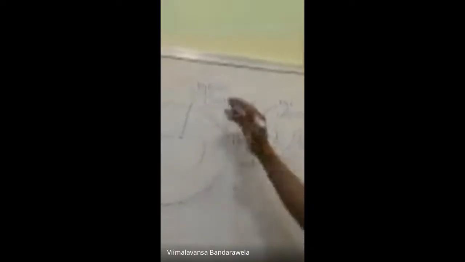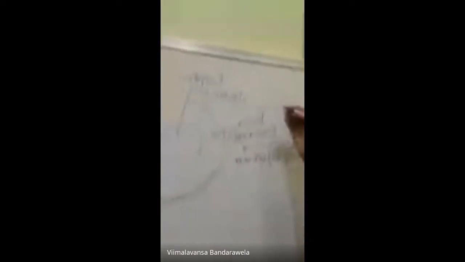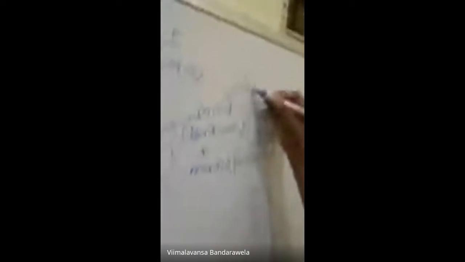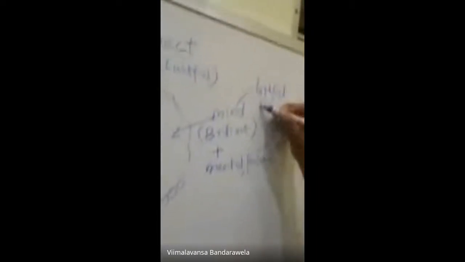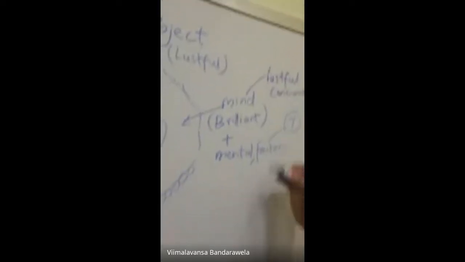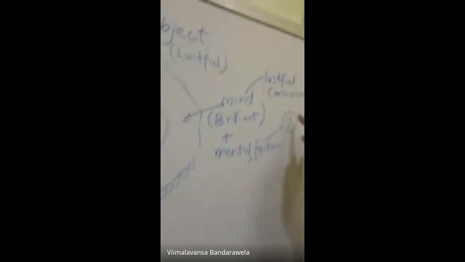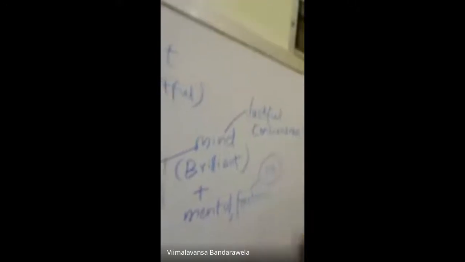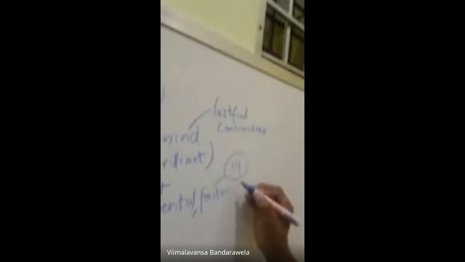In that way, if you have a lustful mind, the lustful consciousness, how many mental factors? Not 7 mental factors, right? 19 mental factors you have, associated especially if it is lustful.